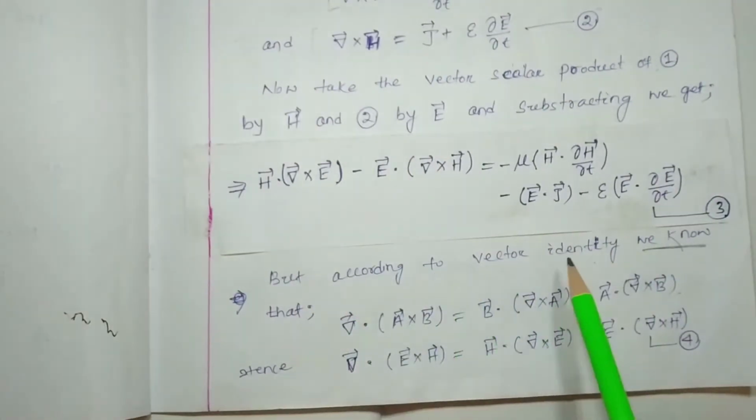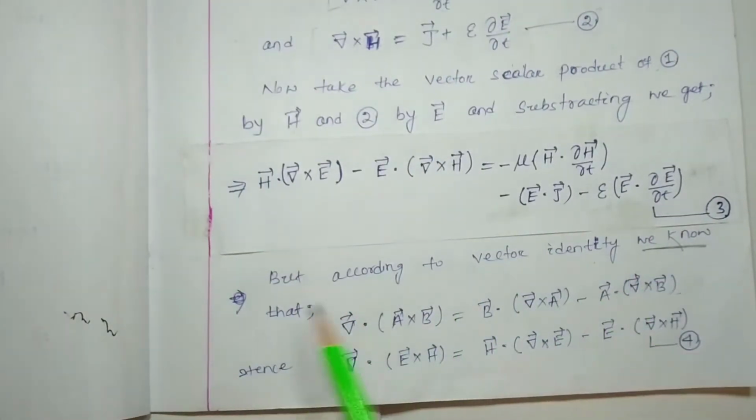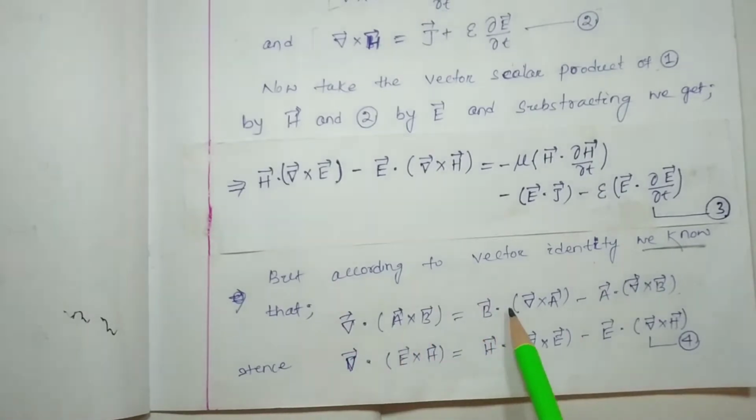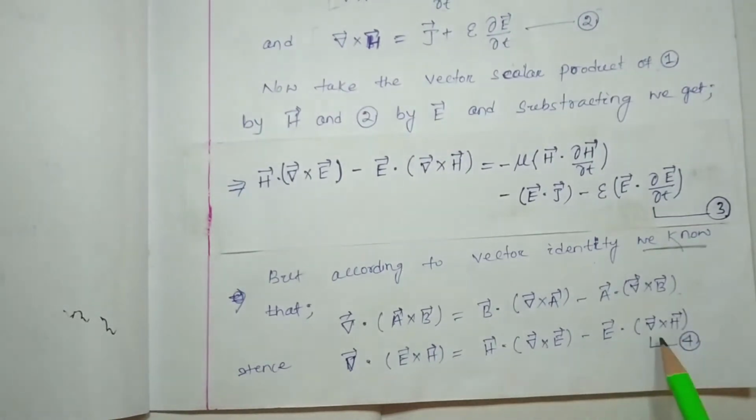But according to the vector identity, we know that del dot A cross B equals B dot del cross A minus A dot del cross B. So hence del dot E cross H will be H dot del cross E minus E dot del cross H. So from equation number 4 you can see that the right hand side of equation number 4 is the same as equation number 3.